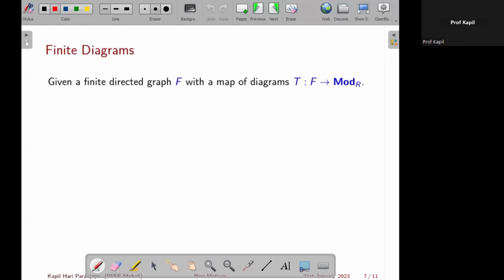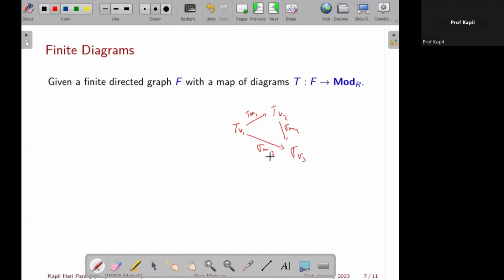This simply means I've got inside mod R a bunch of modules, TV1, TV2, let's say TV3, and I've got some maps, and so on. So I've got some such directed graph. It could happen that though V1 and V2 are distinct vertices here, their images are the same and so on. We don't care.